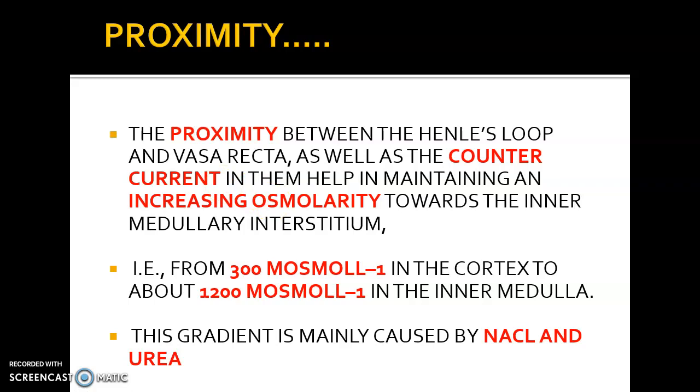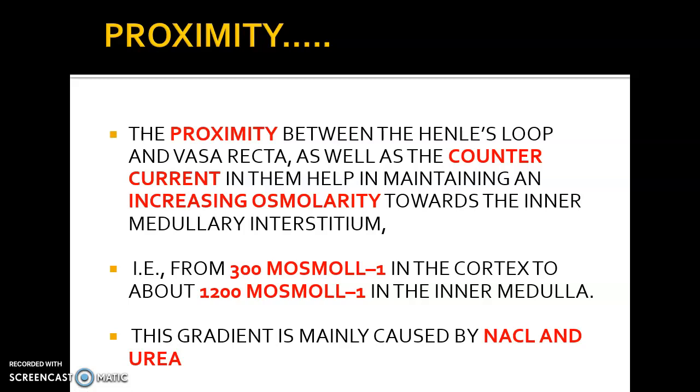For the formation of concentrated urine, it is a must that we attain an increased osmolarity in the inner medullary interstitium. And how do we achieve that? It is through these two principles: one is the counter current mechanism, another is the proximity between the Henle's loop and the vasa recta.